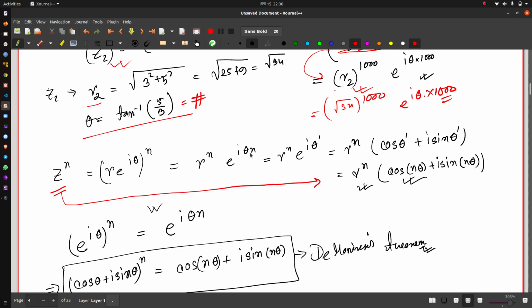What I have done here is that I am writing this theta n as theta prime, and finally when I'm done using the identity e to the power I theta is equal to cosine theta plus I sine theta, I'm putting back the values for theta prime. And in fact this e to the power I theta is equal to cosine theta plus I sine theta. This is a famous identity also known as Euler's identity.